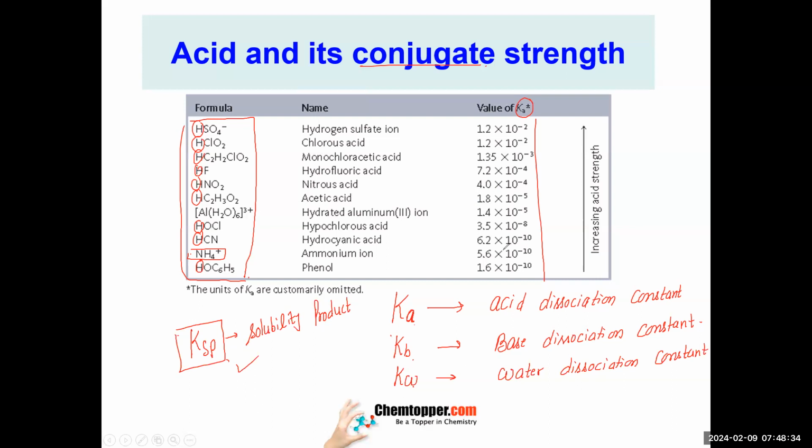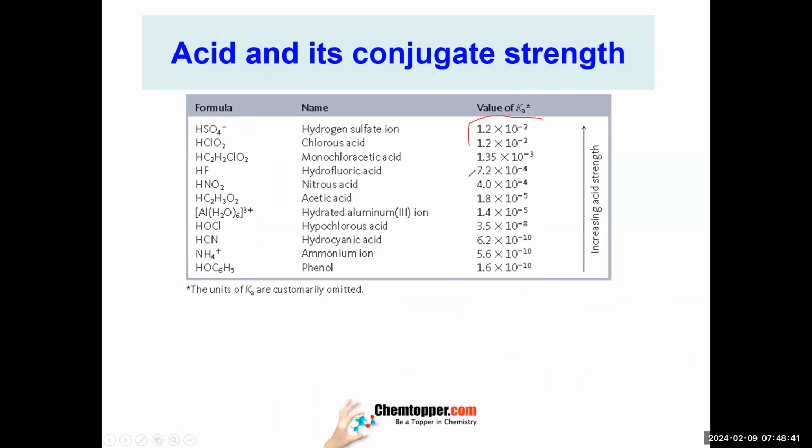So here, these are the Ka values given to us. Look at the Ka values, all of them. Are they strong acids or weak acids? I already explained, if Ka is greater than 1, it means a large value. If Ka is less than 1, it means a small value.